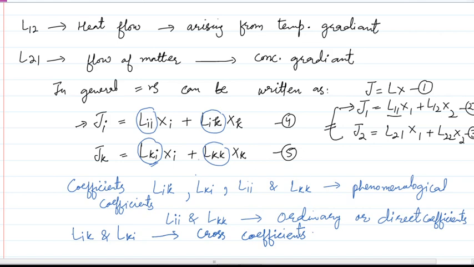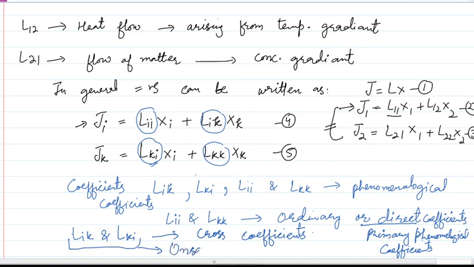These Lii and Lkk can also be called primary phenomenological coefficients, while these cross coefficients are called Onsager's phenomenological coefficients.